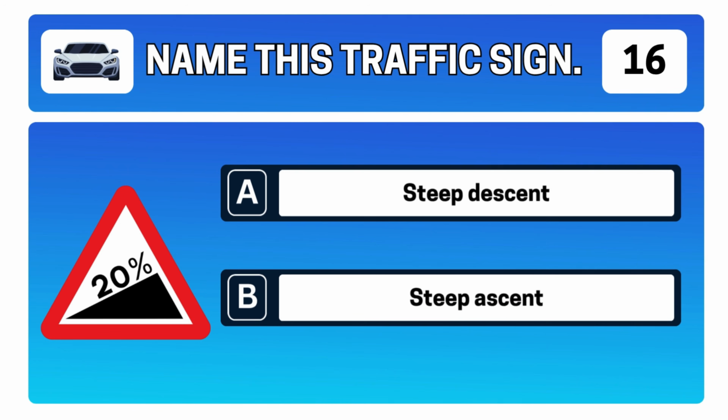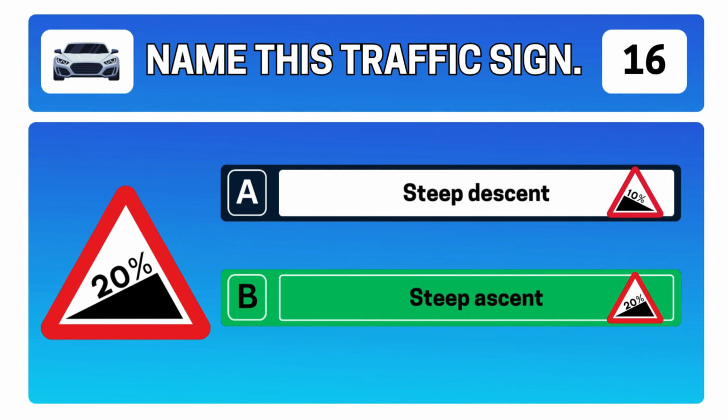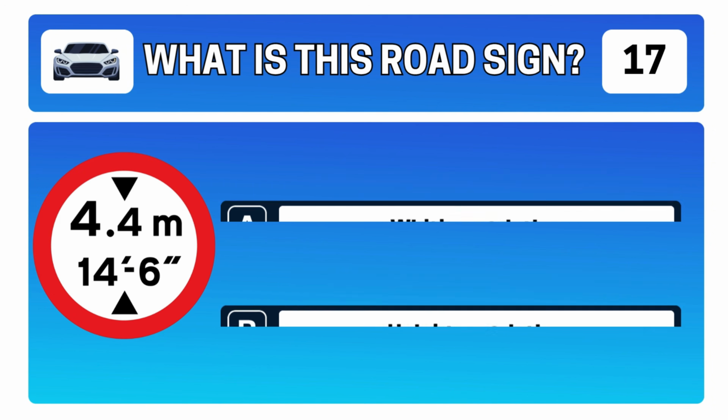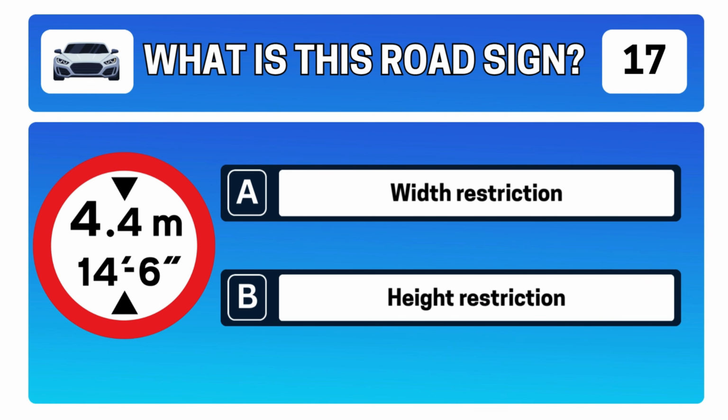Name this traffic sign. A. Steep ascent. B. Steep descent. Good observation. It is the steep ascent sign. What is this road sign? A. Width restriction. B. Height restriction.